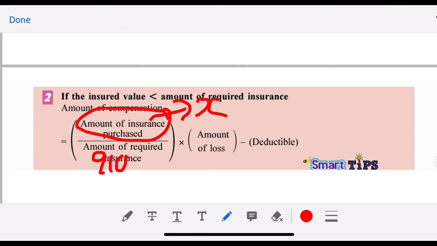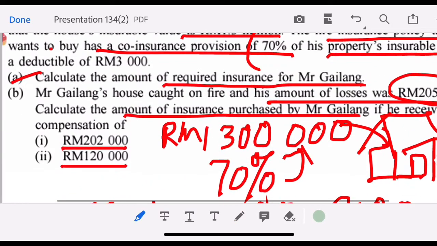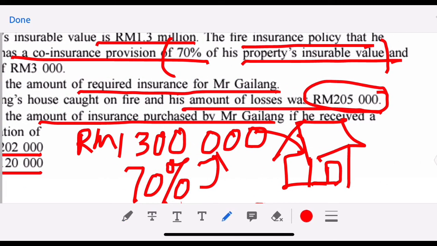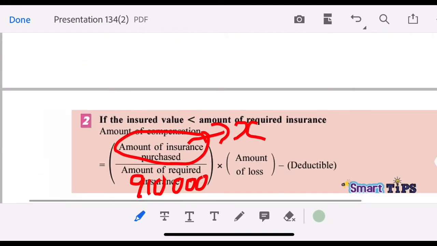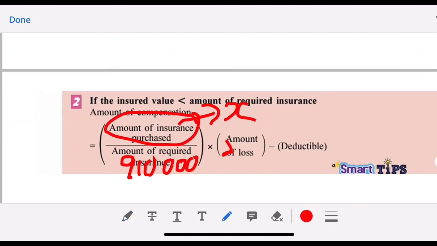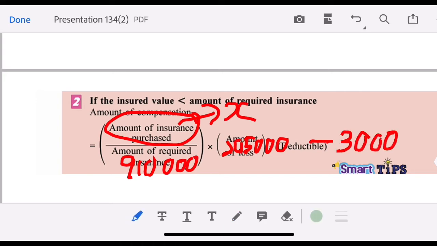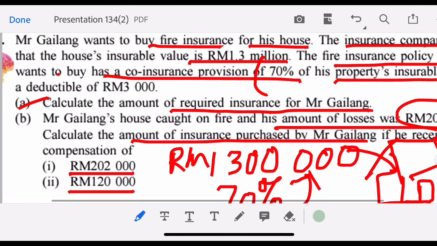The losses is 205,000 according to the question, so we will multiply by the 205,000 here, and we need to minus out the deductible, which is given in the question, 3,000.